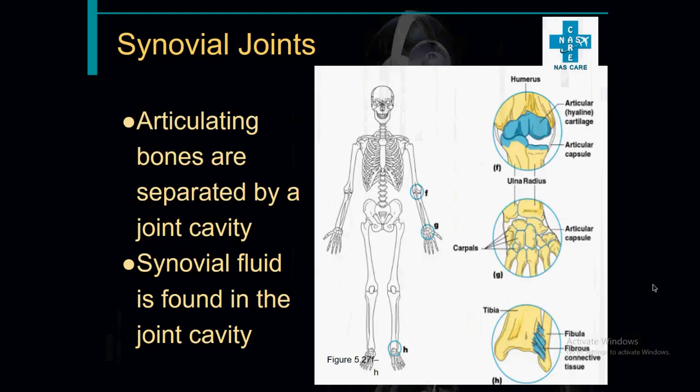Synovial joints: their articulating bones are separated by a joint cavity, and synovial fluid is found in the joint cavity. In this picture: articular hyaline cartilage, articular capsule, ulna, radius, carpals, tibia, fibula, fibrous connective tissue.